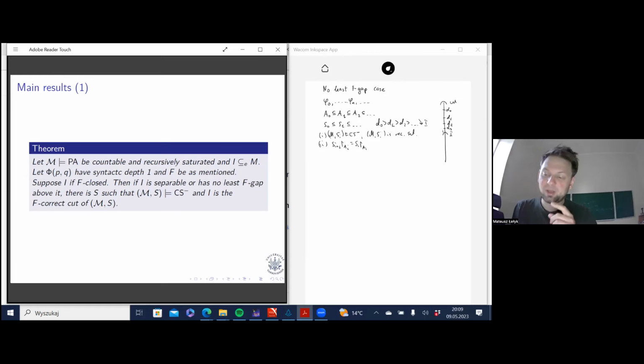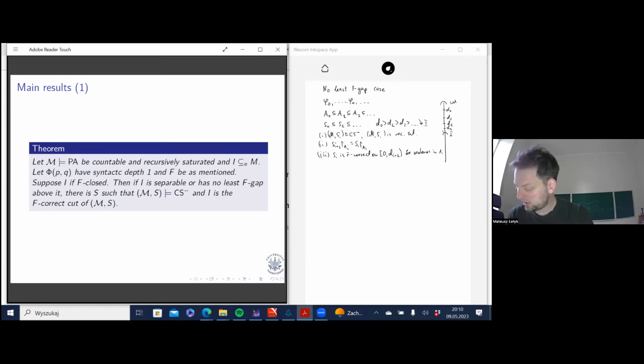And then, instead of saying that Si is F correct on I with respect to sentences in AI, we'll slightly overshoot our cut, and we'll say that Si is F correct on the interval 0 to Di plus 1 for sentences in AI.